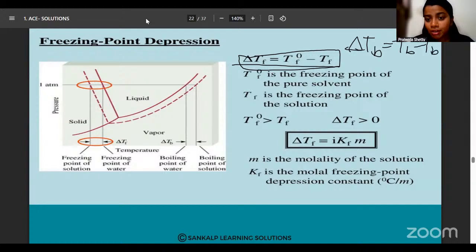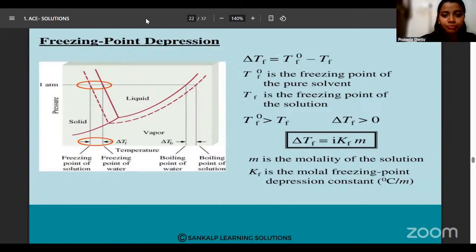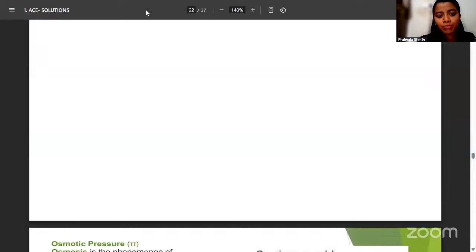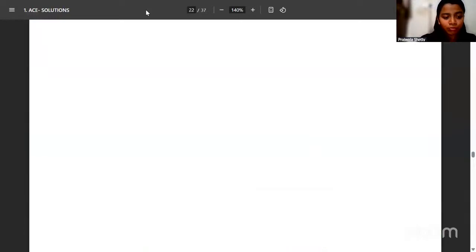Here you have TF not first minus TF. This is the major difference I wanted you to observe. So please concentrate on these differences and study so that you won't make mistakes in your calculations. So remember this concept. Also, you have the main formula for it, which is not here. I'll give you the formula.